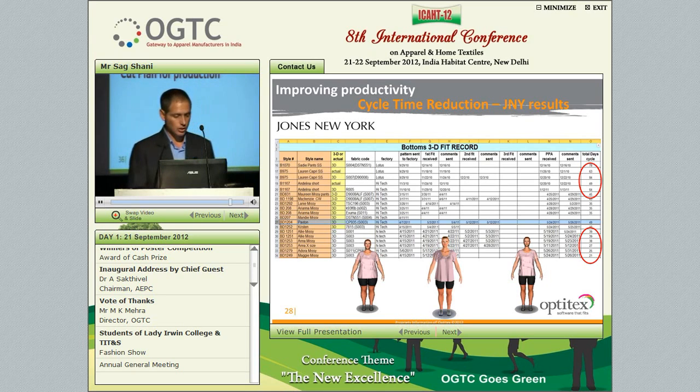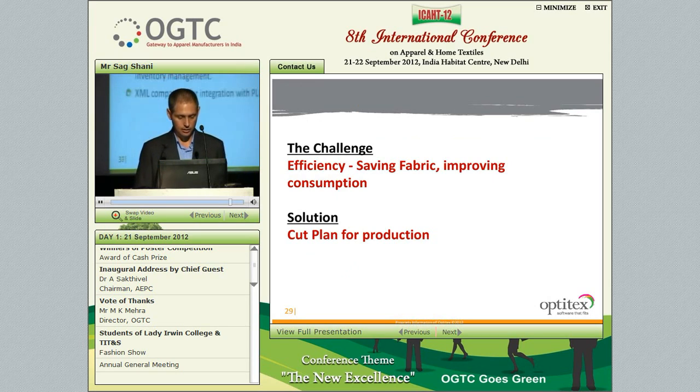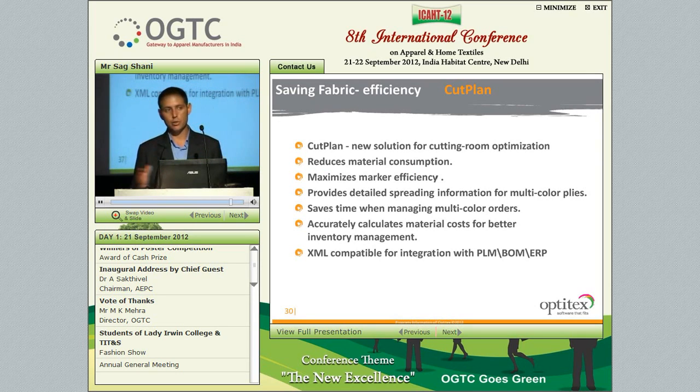So another challenge: efficiency, saving fabric, improving consumption. One of the solutions that we have for that is Topplan, which is a solution that allows you to manage the orders coming from your ERP, PLM, and other systems, and populate them into the cutting room, managing the cutting table floor. So obviously it reduces material consumption, and it maximizes the marker efficiency by doing so.